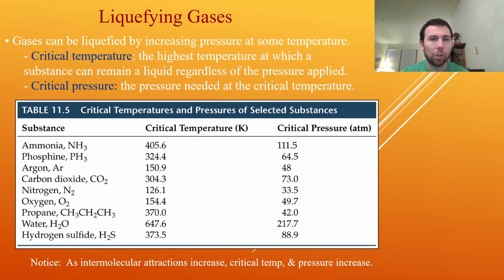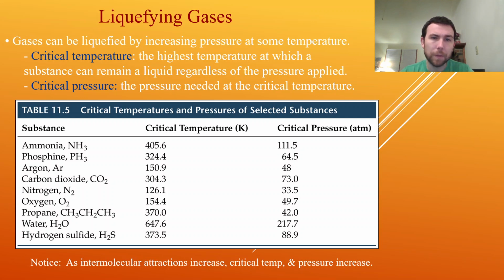Something that I want you to note, and I went through those very specifically, is that as the intermolecular forces of attraction increase within those substances, think about ammonia and water, for example, they both contain hydrogen bonding. When you compare those to phosphine and hydrogen sulfide, which only have dipole-dipole interactions, notice that those critical temperatures and pressures are much lower.